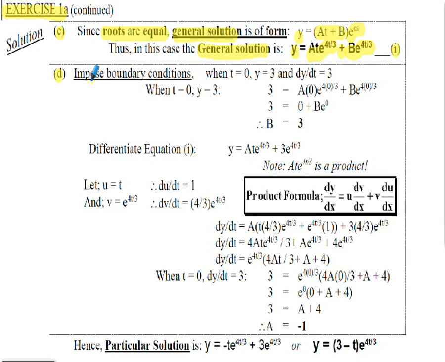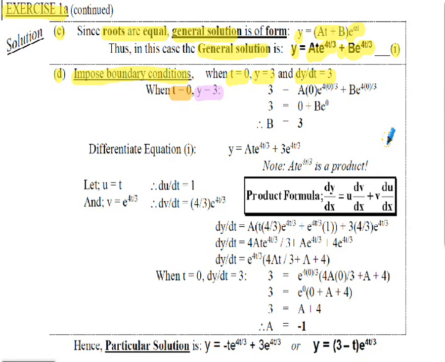Now in step 4, part D here, we're going to impose the boundary conditions given. We're told that when t is equal to 0, y is equal to 3, and dy by dt is equal to 3. So imposing the first condition, t is equal to 0, y is equal to 3.